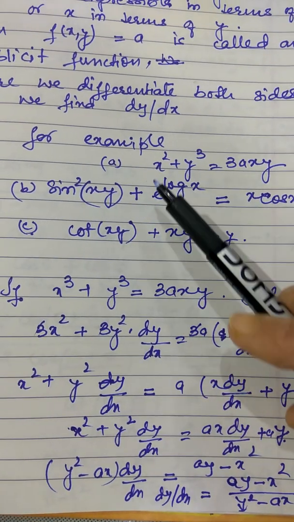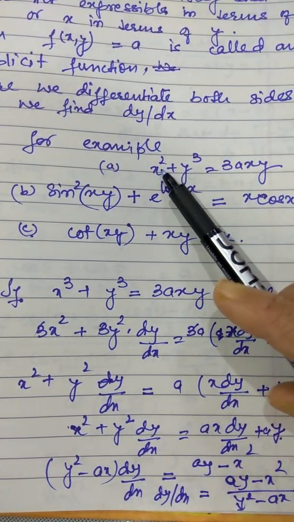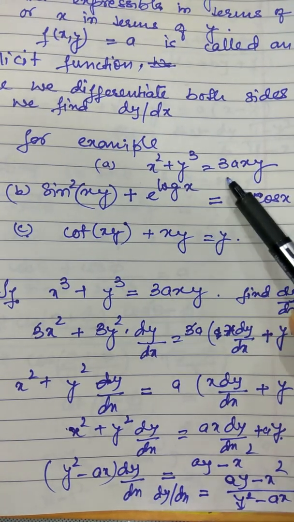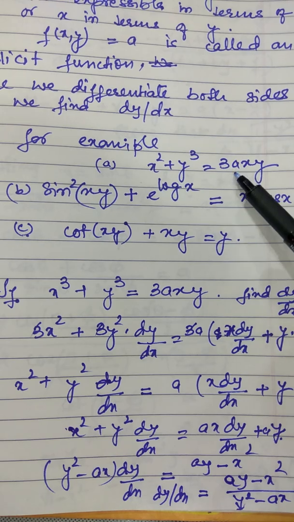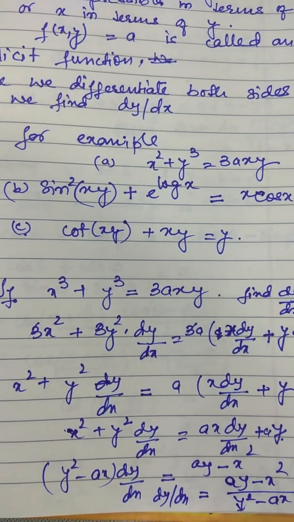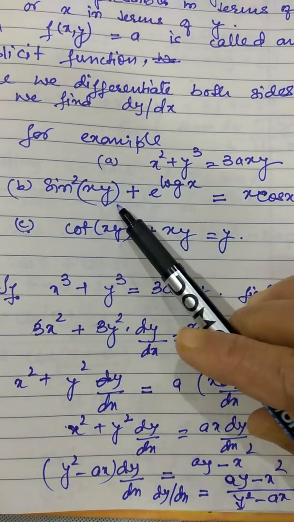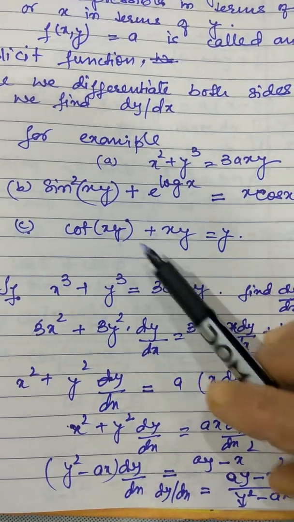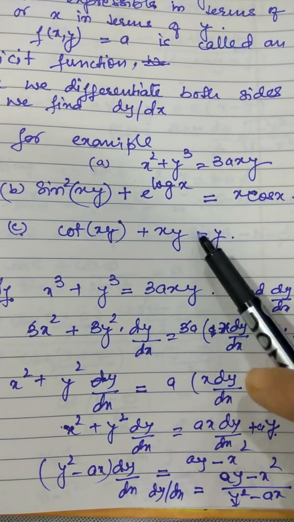Here you see this function, x cube plus y cube is equal to 3axy. If you want to express x in terms of y or y in terms of x, it is not possible. Similarly, in this function you cannot separate x and y, and in this function also you cannot separate x and y.